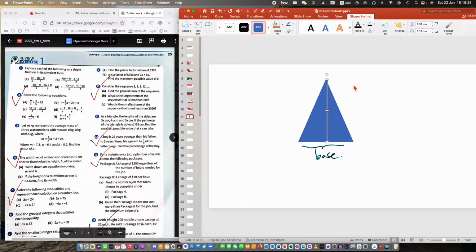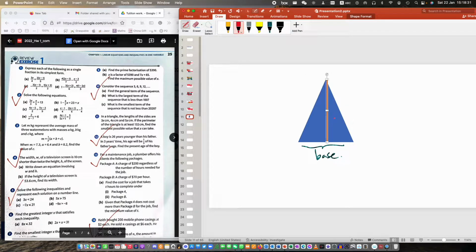You know how to get the height, right? Okay, good. So I don't want to talk much. So if I tell you the height is 3 cm longer than the base.